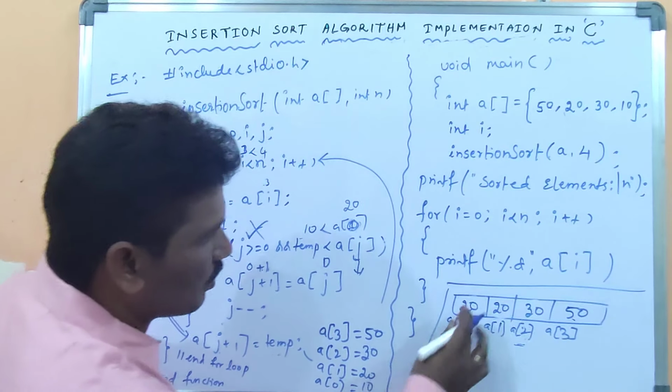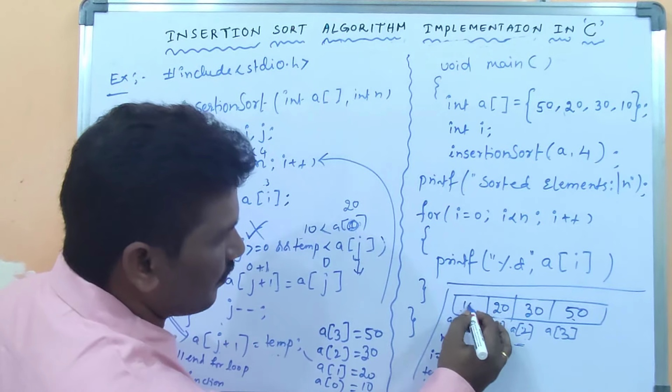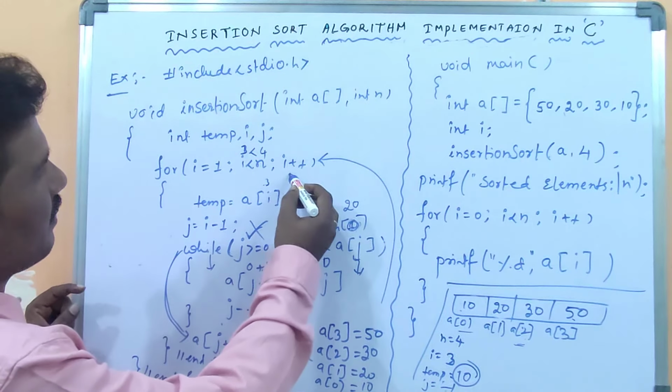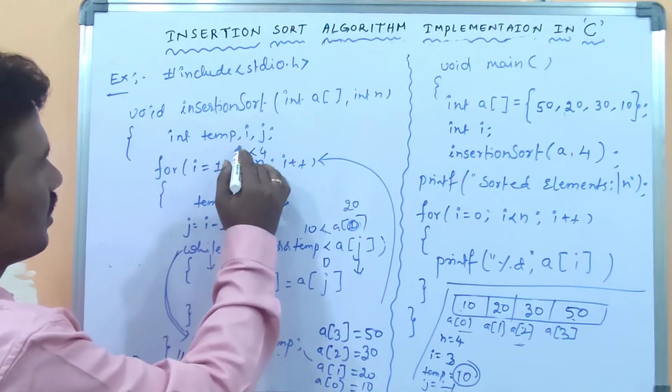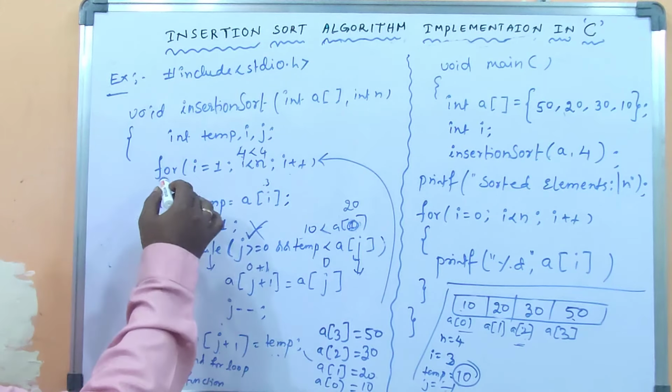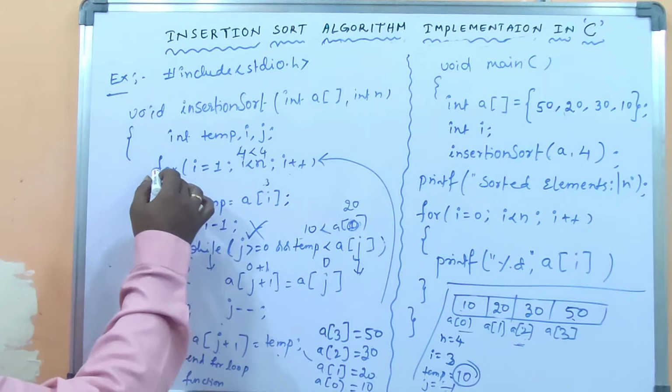Because A of 0 equal to 10. Then after that, I value is incremented by 1. I value becomes 4. Then 4 less than 4 condition returns false. Then it will come out of the loop. Then the function has ended. Then you can see whether the elements are in sorted order or not.